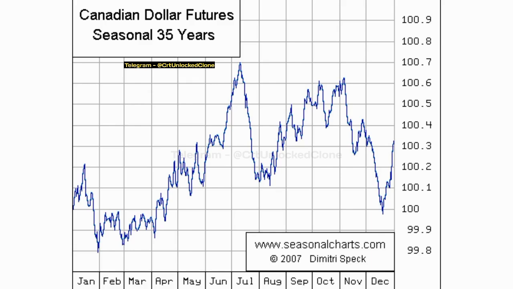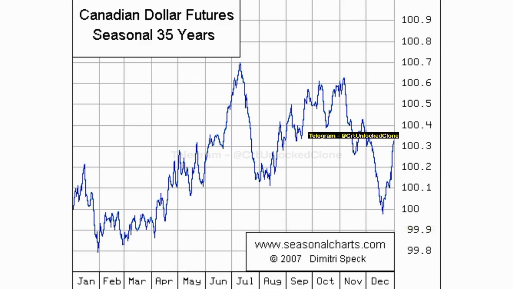Okay, so let's get back. Right here you can see that seasonally or periodically the Canadian dollar has shown a tendency or likelihood to form bearish price action, or to go lower, from September to December. Which means that historically it's proven from time to time, according to this 35 years worth of data, that more often than not the Canadian dollar goes lower from September till December's end.